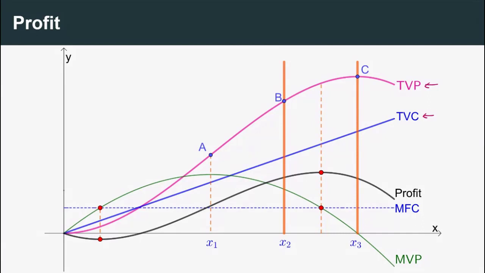This is not the total factor cost. Remember, the difference between total factor cost and total variable cost is equal to a constant, which is the fixed cost. So your total factor cost, if I plot here, should just be the TVC line shifted up by the value of B.